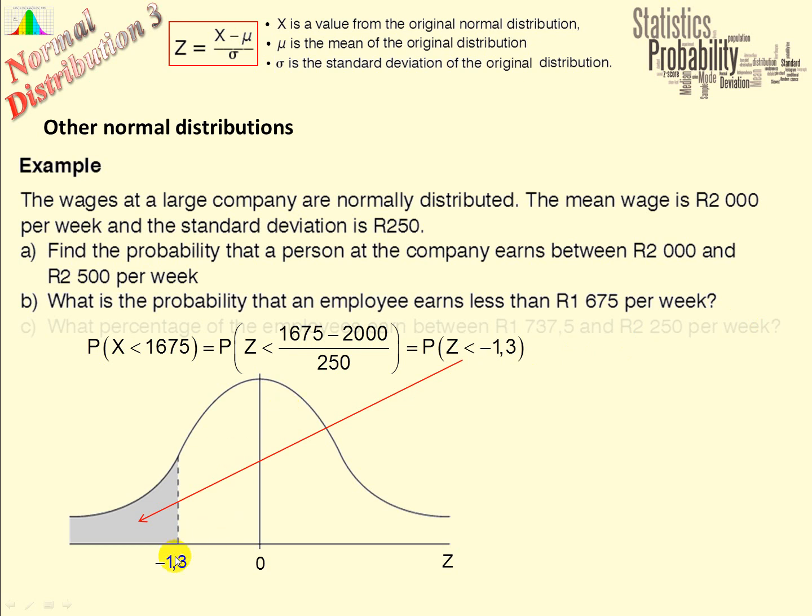So there's negative 1.3, and we're looking at less than, so we have to use the symmetry of the normal distribution to look at Z greater than 1.3, which is going to be 0.5 minus this area.